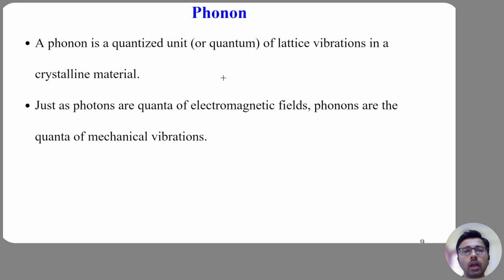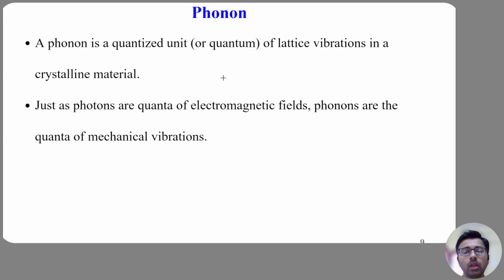To fully understand optical transitions, especially indirect transitions, which we will study next, we must introduce another key concept, that is the phonon. A crystal lattice is not perfectly rigid.